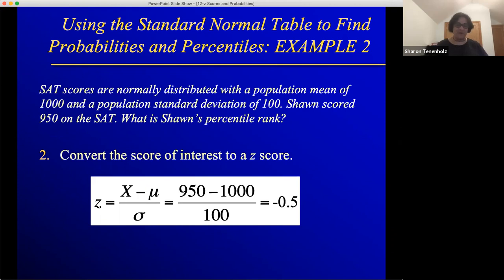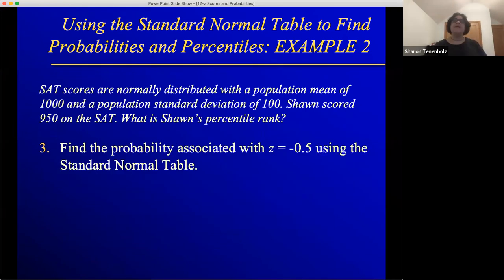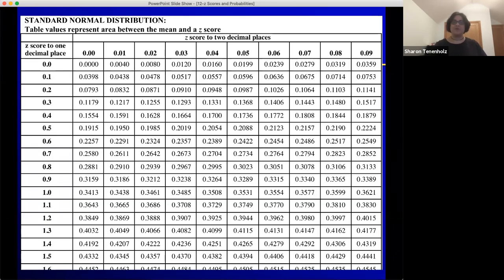Okay, negative 0.5. Now we need to look up that score in our standard normal table to figure out the probability associated with negative 0.5. So here's our standard normal table once again.